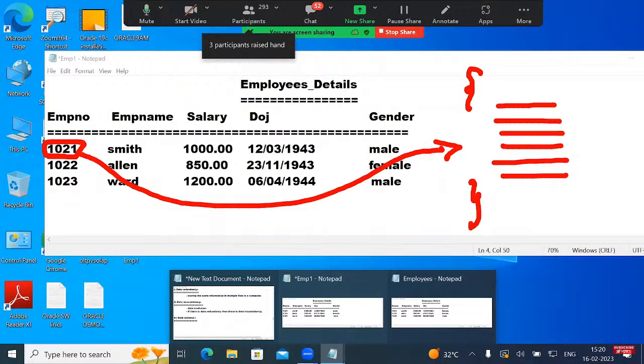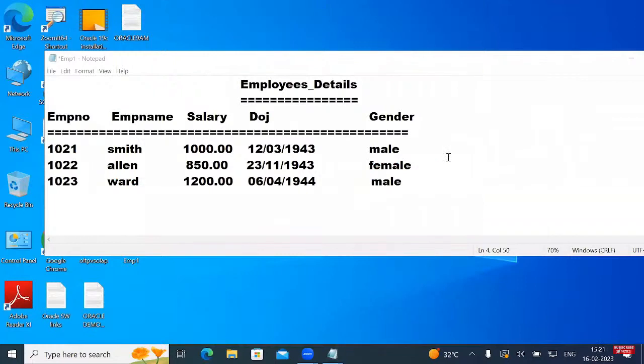In real time, this is highly complicated. Whether you are reading small data or big data, whichever data you retrieve, it doesn't matter, you need to write programming code. That is the problem of flat files: data retrieval is highly complex. The programmers or users want to develop an application using some high level languages.